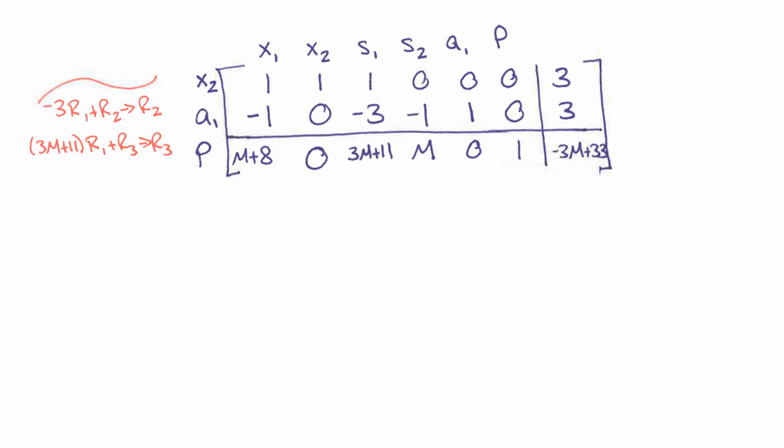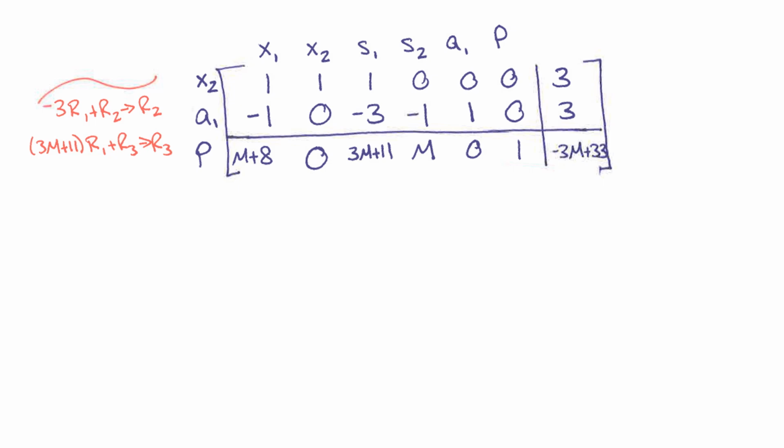So we're going to use the command negative 3r1 plus r2 to get a new row 2, and that row would be negative 1, 0, negative 3, negative 1, 1, 0, 3. Now, to cancel negative 3m minus 11, I'm going to have to add 3m plus 11 to it.